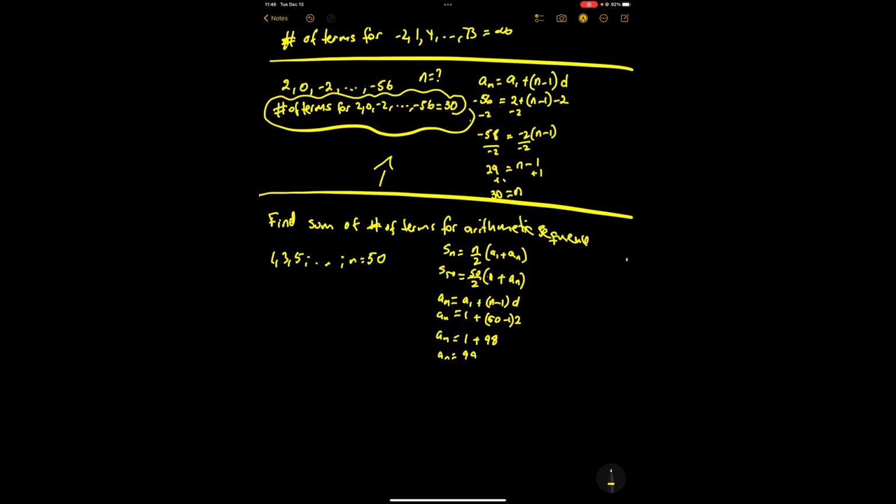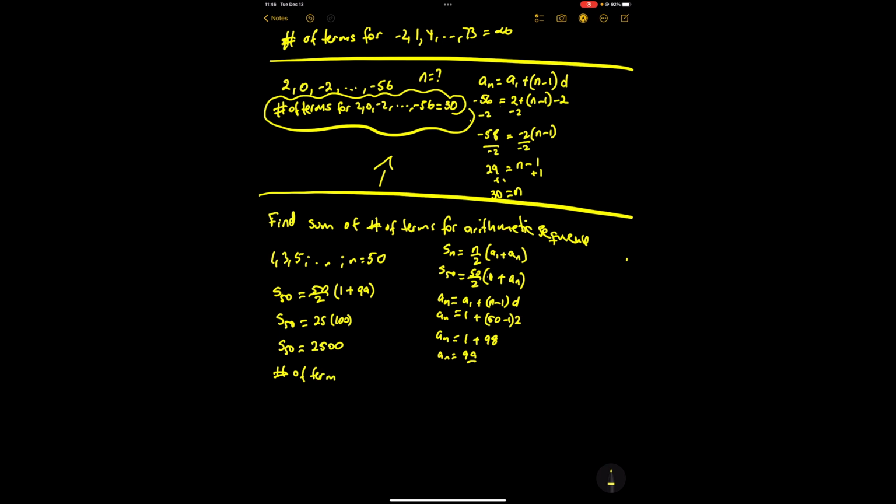So now back to S50, which is equal to 50 over 2 times a1, which is 1, plus an, which is 99. So we have S50 is equal to 25 times 100. So S50 is equal to 2500. And that's the number of terms.